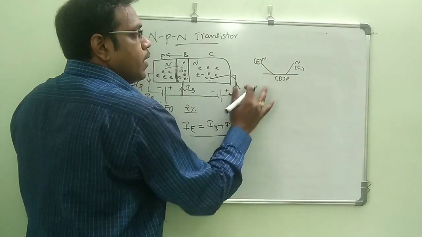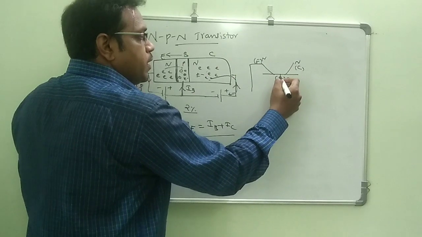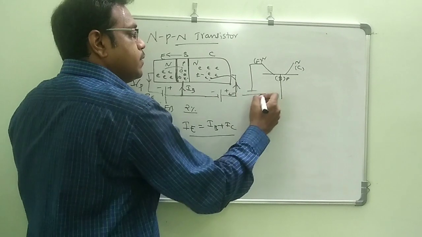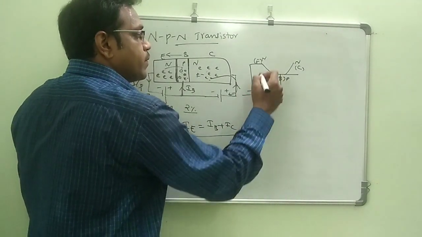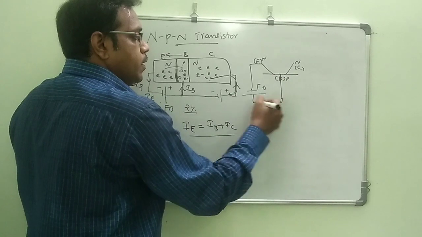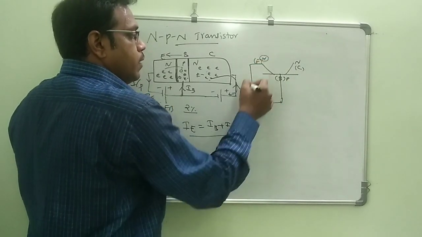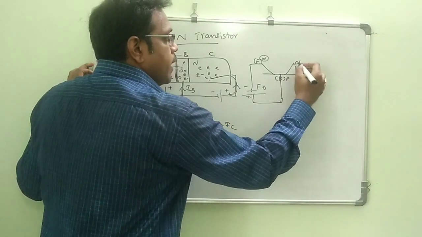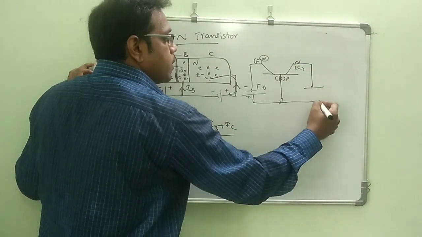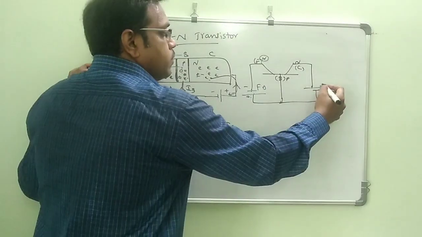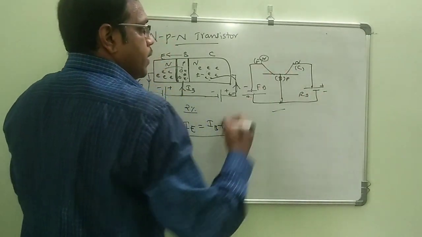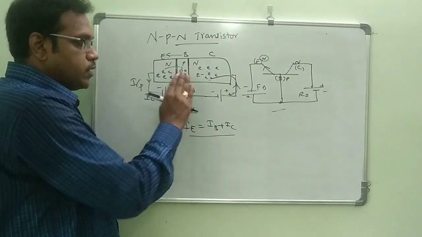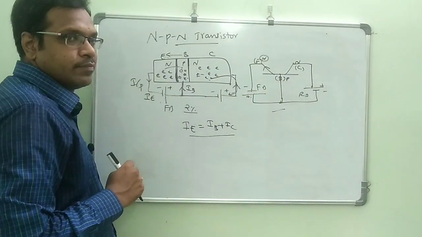Which battery is here? The emitter-base junction is forward bias: N is connected to negative, P to positive. And the collector is connected with the opposite polarity, N to positive and the other side to negative, because it is reverse bias. The arrow mark is from base to emitter. So this diagram is the same.